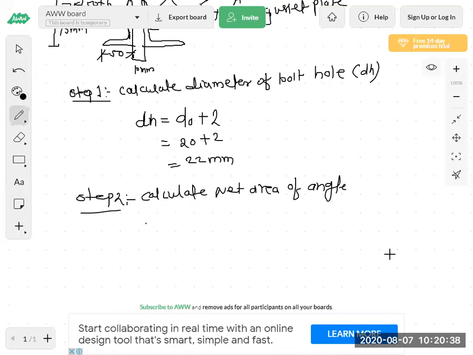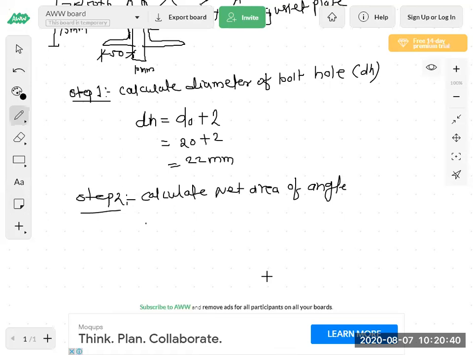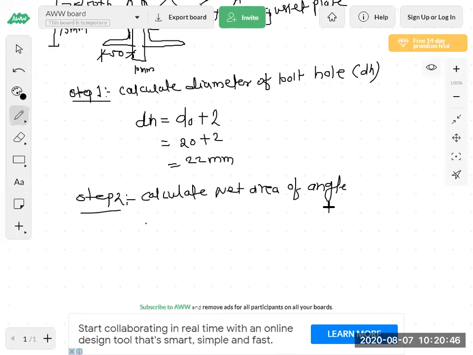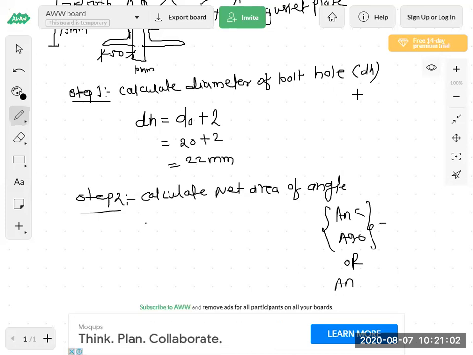Now tell me which area we have to calculate here. Either we have to calculate ANC and AGO, or we have to calculate AN. Now which area do we calculate here? When do we calculate ANC and AGO? When the number of bolts is given.